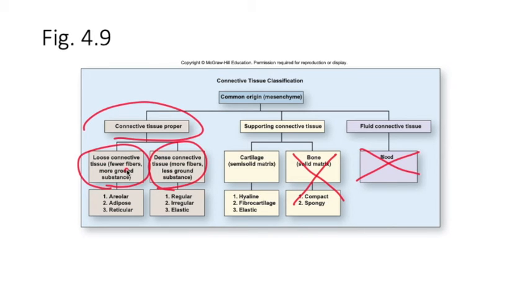Loose means very few fibers, a lot more ground substance. Dense means lots of fibers, very little ground substance. You can tell this visually. You should be able to see when there's lots of fibers versus not very many. And I'm going to give you an example of that.